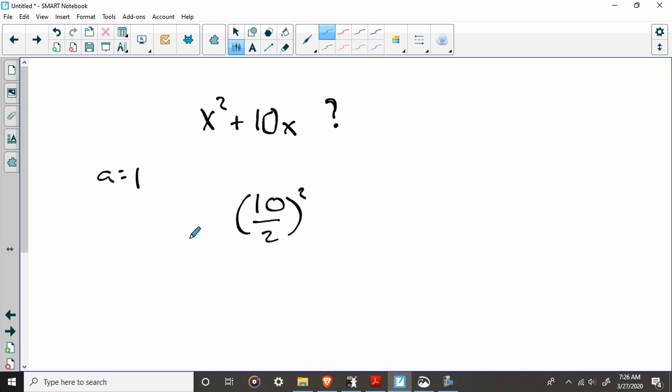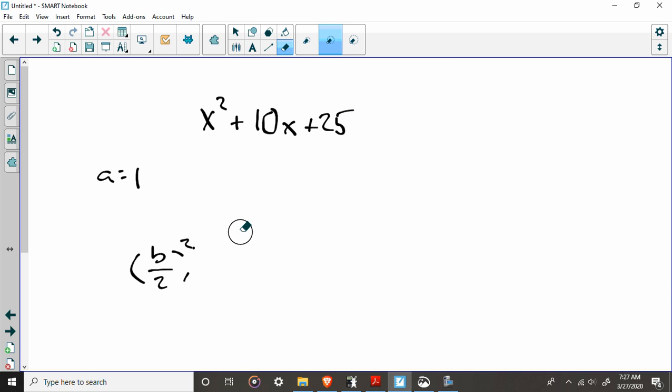So our general form we're going to say b, right, 10 over 2 squared, okay? Well, 10 over 2 is 5, and 5 squared is 25. Now it is a perfect square.